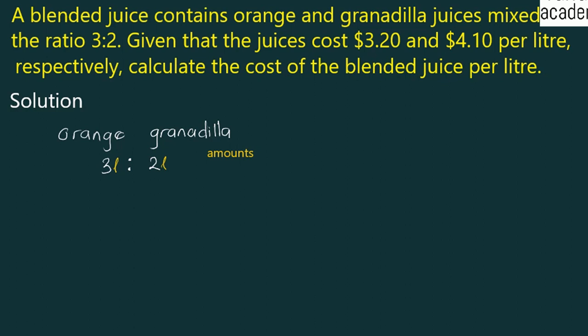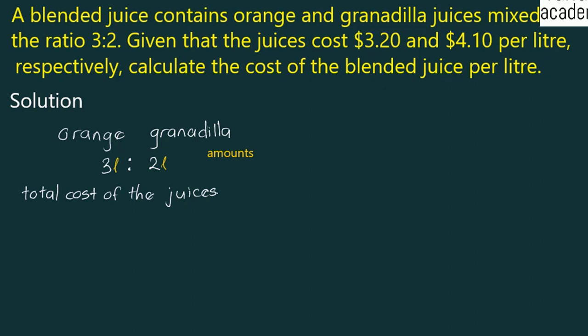There's nothing wrong with that, since it's a ratio, the units are the same. We're talking about liquids in liters, so we can take the ratio 3:2 to be 3 liters and 2 liters, and this will help us to solve the problem, because now we can calculate the total cost of the juices that were used in the mixture. Remember, that's the first thing we do from the previous example.